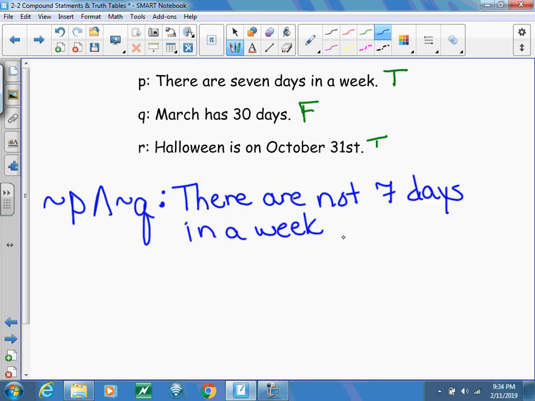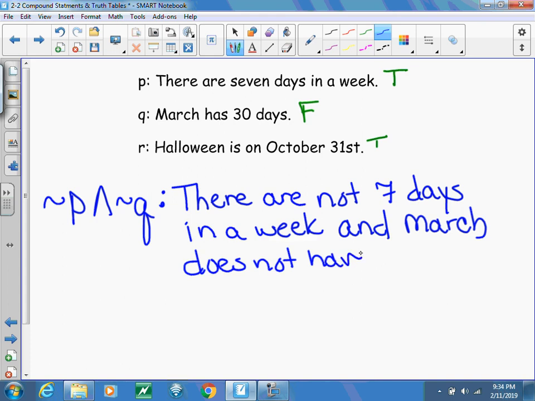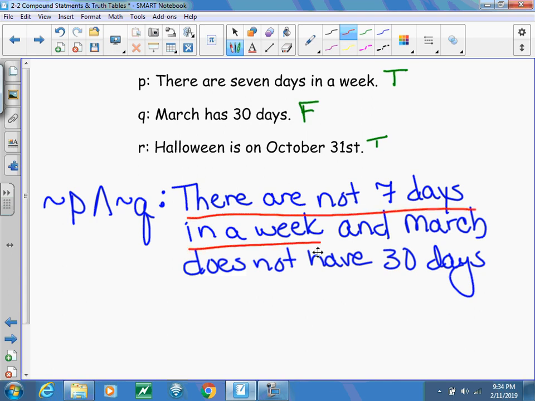I'm going to join that statement using the word and, now the negation of statement Q: March does not have 30 days. So statement 1 here, the negation of P, there are not 7 days in a week.